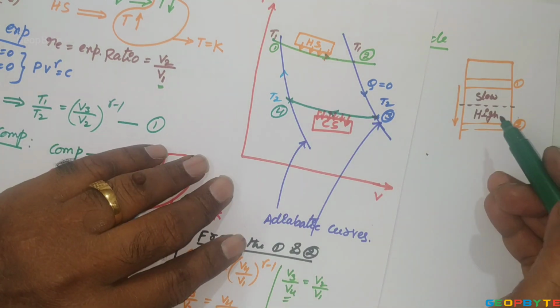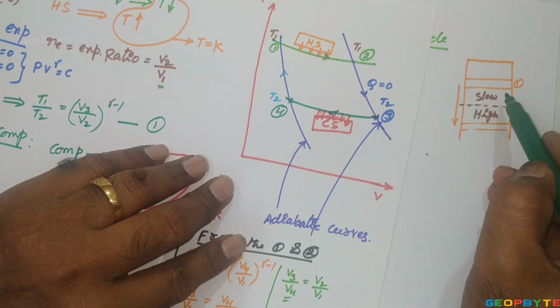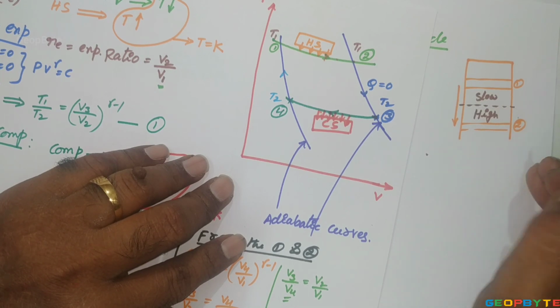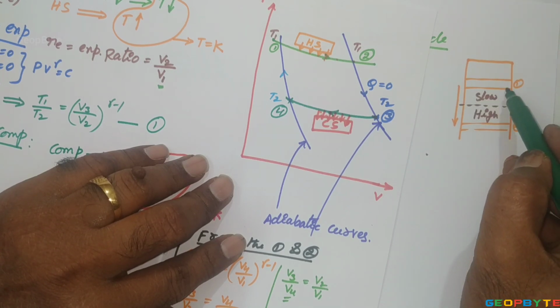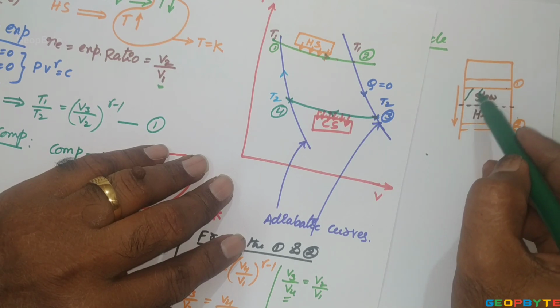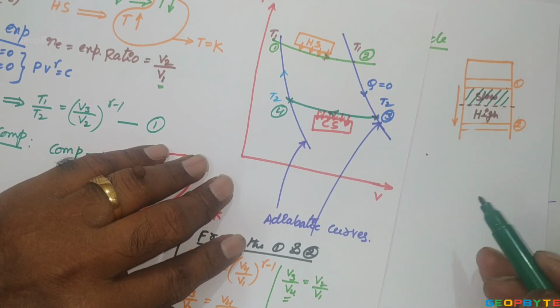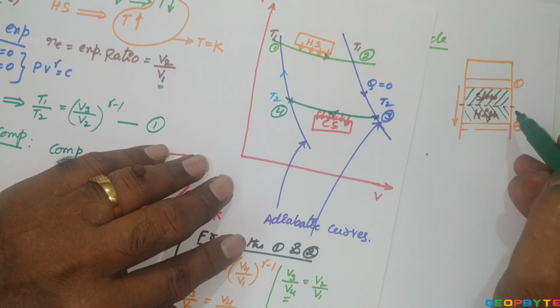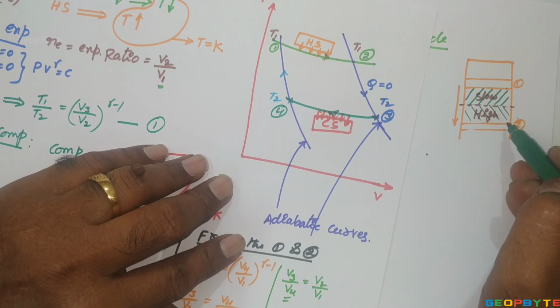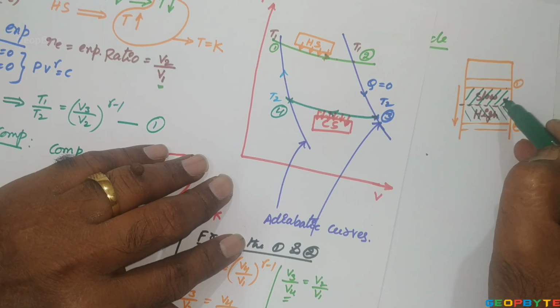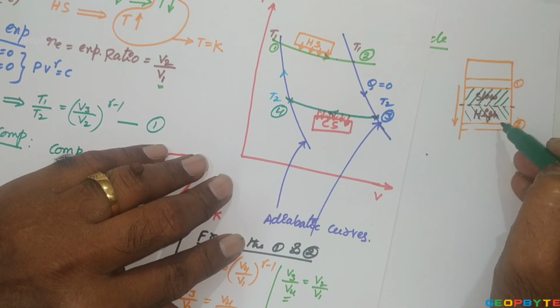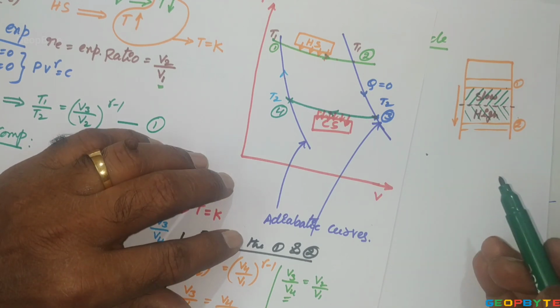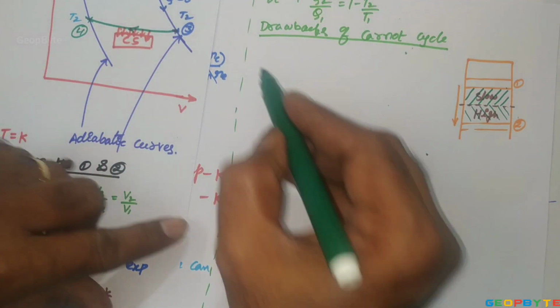It is impossible to construct the cylinder with piston mechanism such that the piston travels at a very slow speed during the first half movement to satisfy the isothermal condition and at very high speed during the remaining half movement to satisfy the adiabatic condition. Therefore, that is treated as one of the drawbacks of the Carnot cycle.